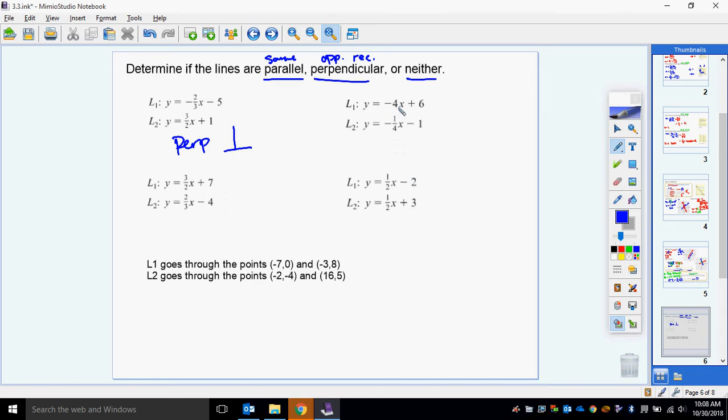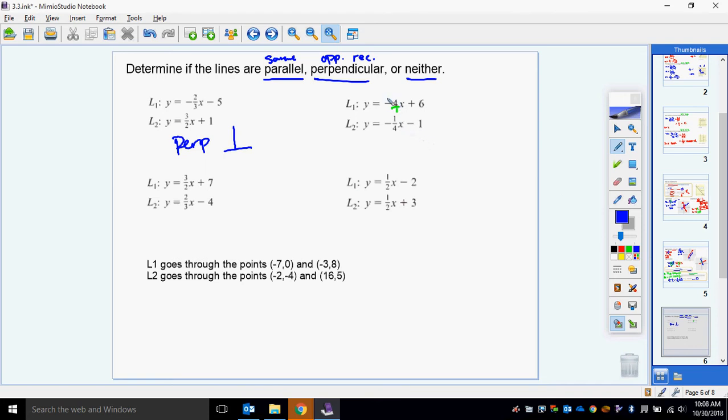Let's go over here. Line 1 has a slope of negative 4, and line 2 has a slope of negative 1/4. So those are flipped, right? Because negative 4 is a fraction, negative 4 over 1. So I flipped it upside down and got 1/4, but this is negative and this is negative. So they're not opposites. Because they're not opposites, they can't be perpendicular.